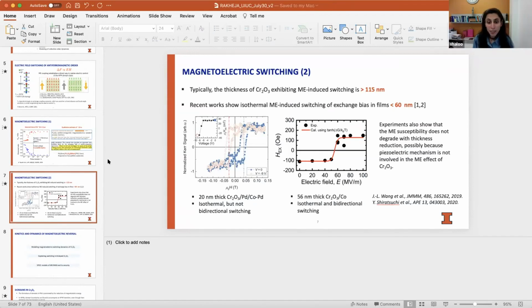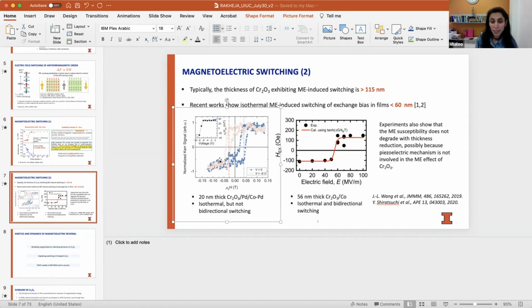Yeah, so this is actually Christian's work, where they were only able to switch it in one direction at 20 nanometer, I suppose. When they increased the thickness, they were able to switch bidirectionally. I'm guessing that the problem has to do with an exceedingly high contribution coming from the interface. And that's probably one of the challenges.